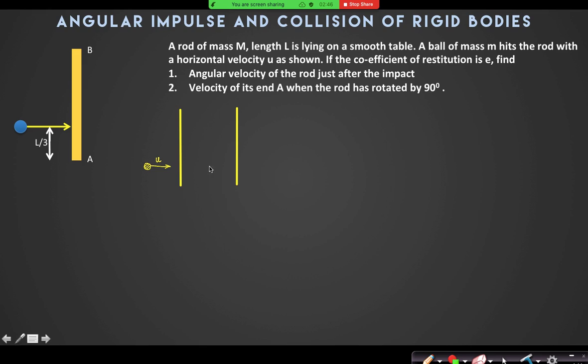After collision, the velocity of the ball will be changed because the ball also experienced an impulse. Suppose the velocity of the ball is v and the velocity of the center of mass of the rod is vc, as well as the rod starts rotating about its own axis with angular velocity omega.